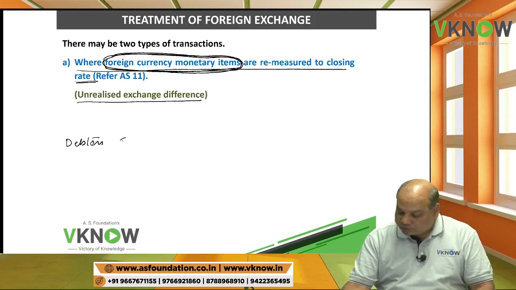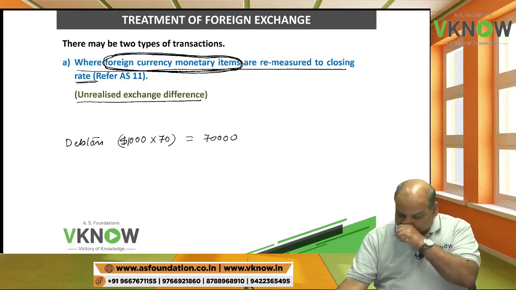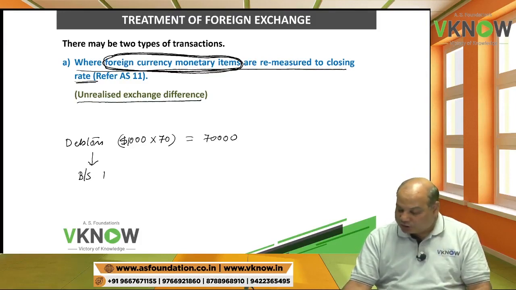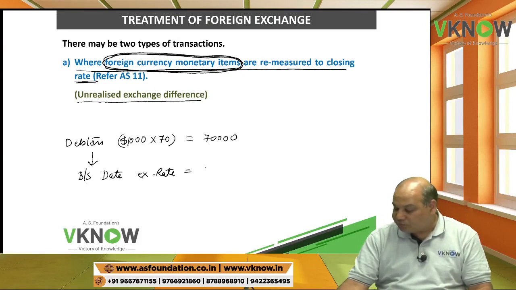Suppose debtor $1,000 was originally recorded at 70,000 rupees when the sale was made. On the balance sheet date, the exchange rate is 75 rupees.